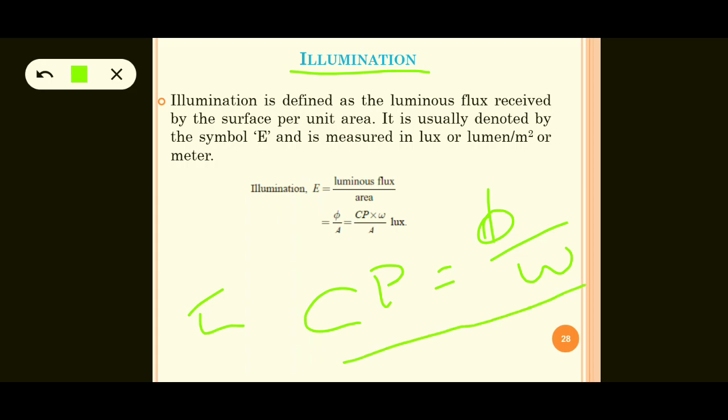From this equation, taking the cross multiplication, flux is equal to candle power into omega. Substituting into the illumination equation, E is equal to candle power into omega by area.